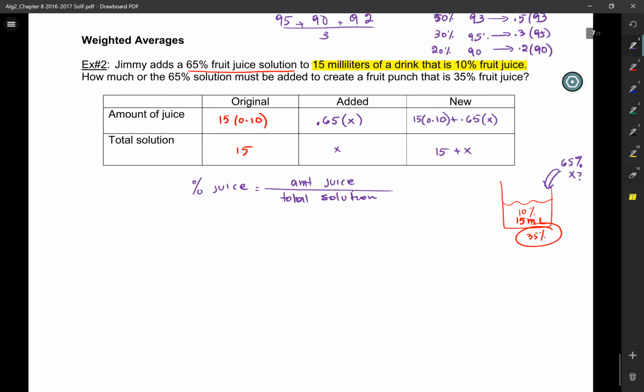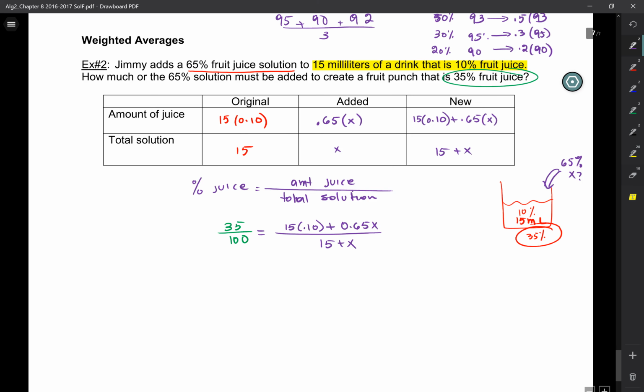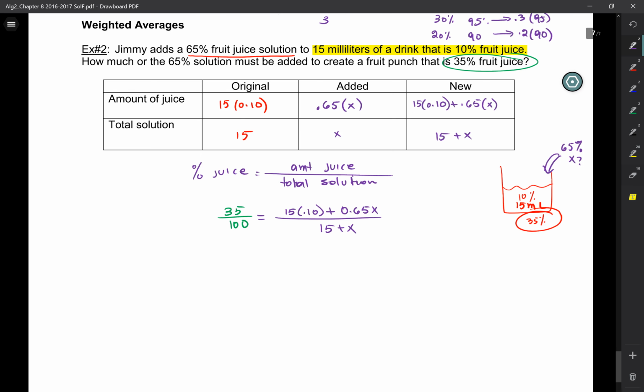Now I need my fruit juice to be at 35%, which is 35 over 100, equal to the amount, 15 times 0.10 plus 0.65x, over the total 15 plus x. So the amount of juice over the total solution.